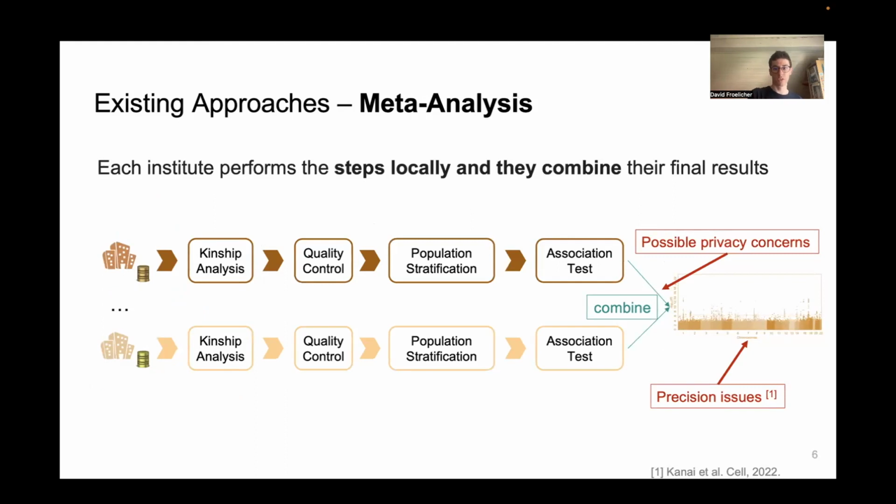In this case, the institutes keep their data locally and perform the steps of the analysis locally on their subset of the data before combining their final results.